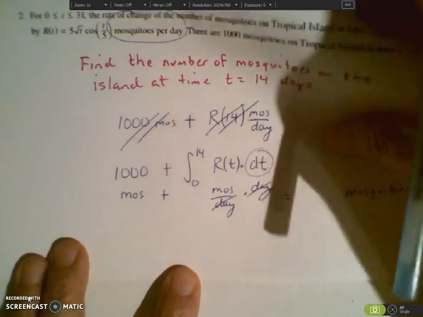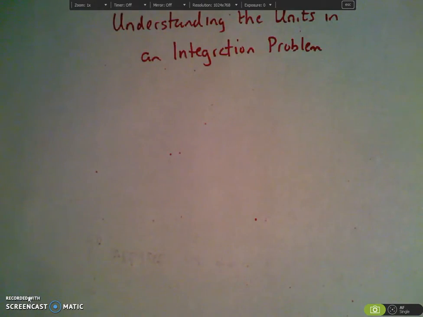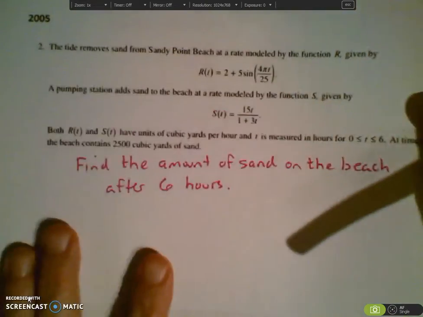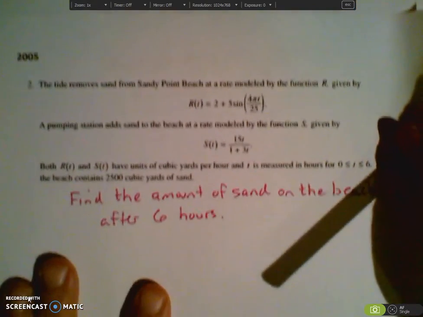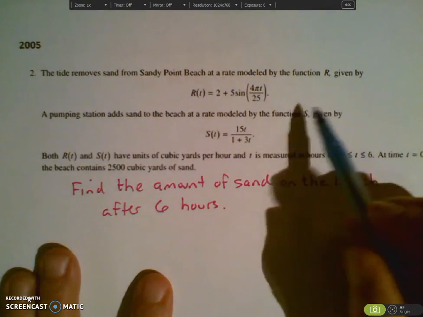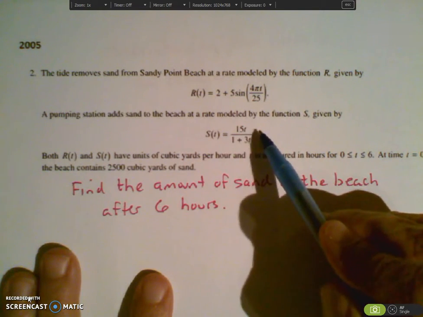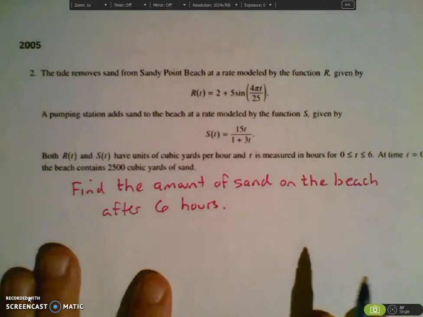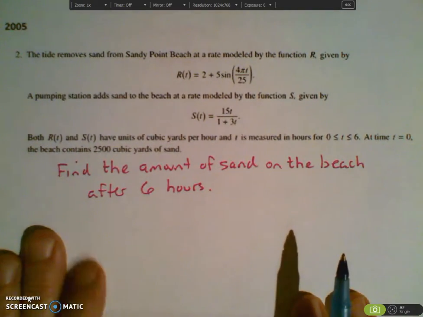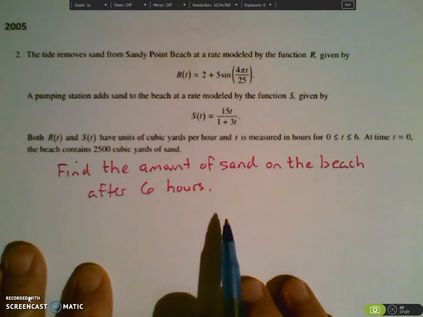Okay, here's another example. This time we have two rates being given to us. The rate at which the tide removes sand from a beach, as well as the rate at which sand is added to the beach by a pumping station. Our task here is to find the amount of sand on the beach after 6 hours.